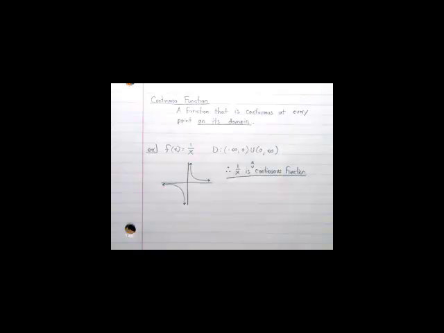The only ones you really need to be focusing on for this idea is, do we have any removables or do we have any jumps? Those are where we're going to have issue. Yeah, question? Oh, that means therefore. Sorry. So therefore, 1 over x is a continuous function. Good question. I don't think I've shown you that before.